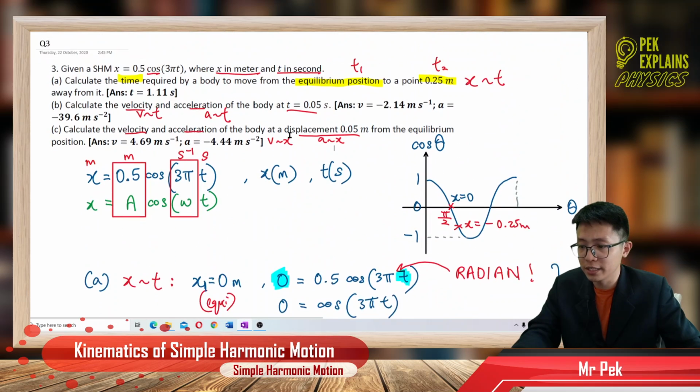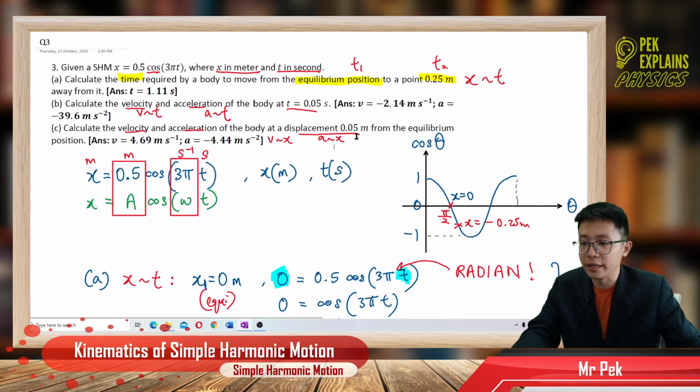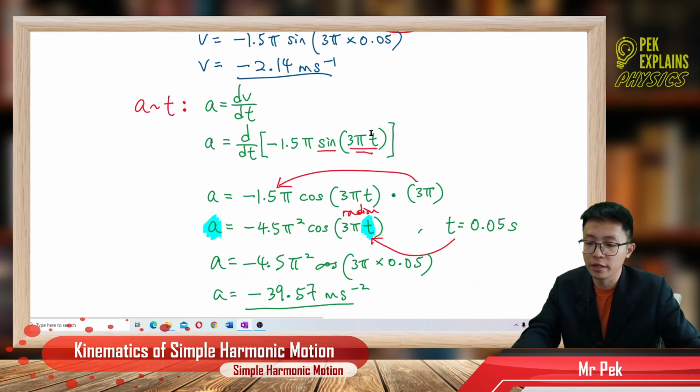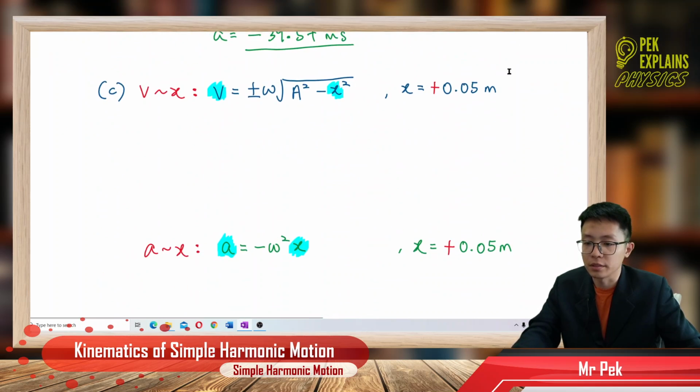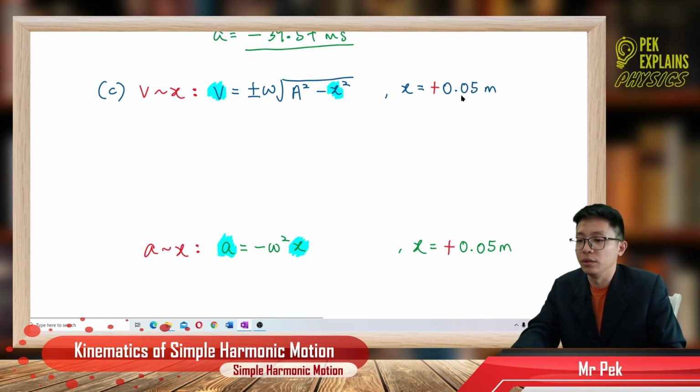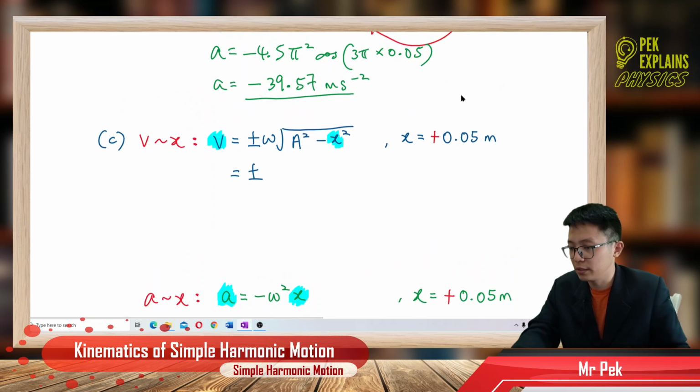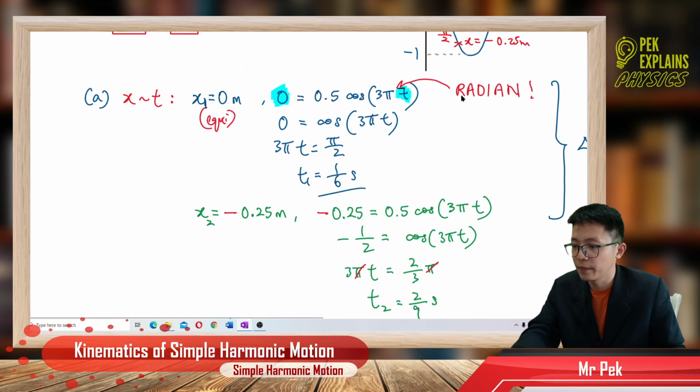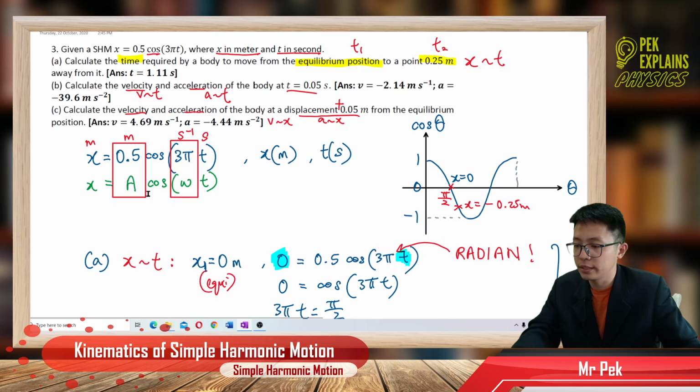The question says displacement 0.05. Yes, this is a positive displacement. Make sure you put the sign. No sign means positive displacement. Very important. So it's a positive displacement. Just substitute into the formula. Plus minus, this one also must write plus minus. And what is our omega?